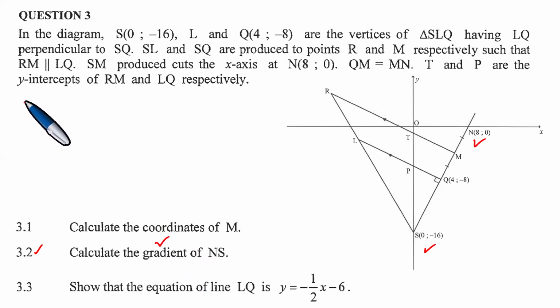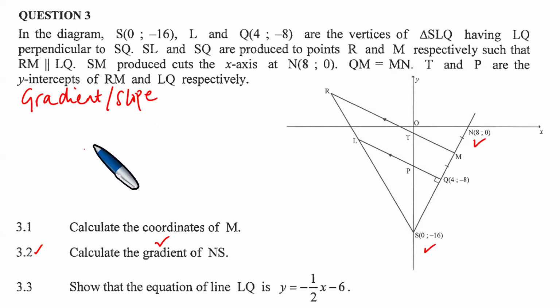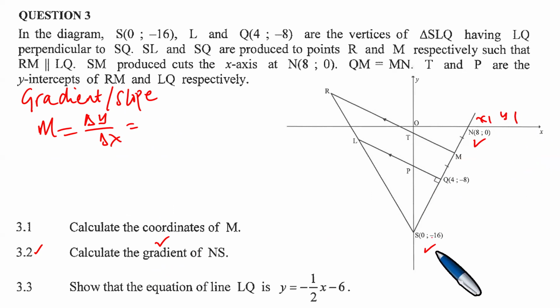What is a gradient? The examiner will often use the words gradient or slope. The gradient is change in y over change in x. To find the gradient of NS, this is (x1, y1) and this is (x2, y2).